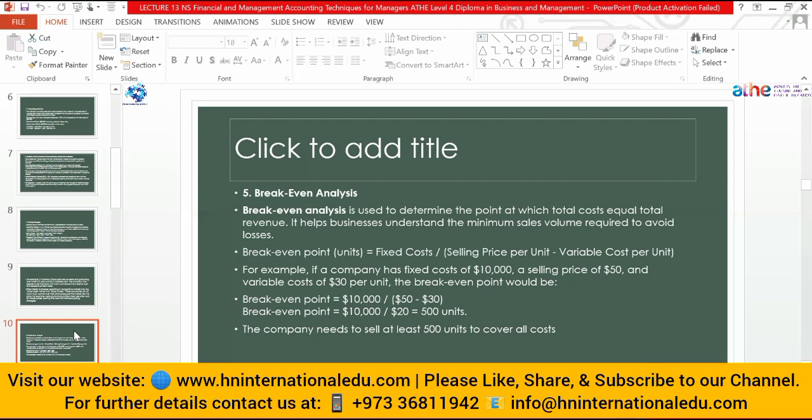Cost includes fixed and variable costs, which make up the total cost, and we have to equate it to the sales revenue. It helps a business understand the minimum sales volume required to avoid losses. That is, you are going to earn profit, but you're not going to entertain a loss. That is the main point of any business.